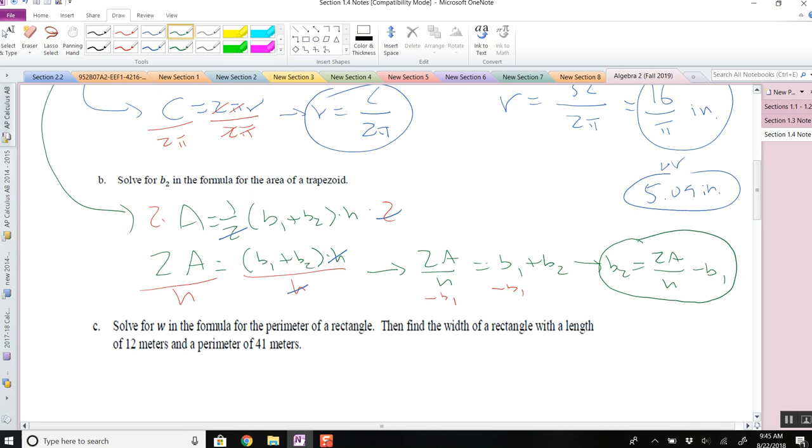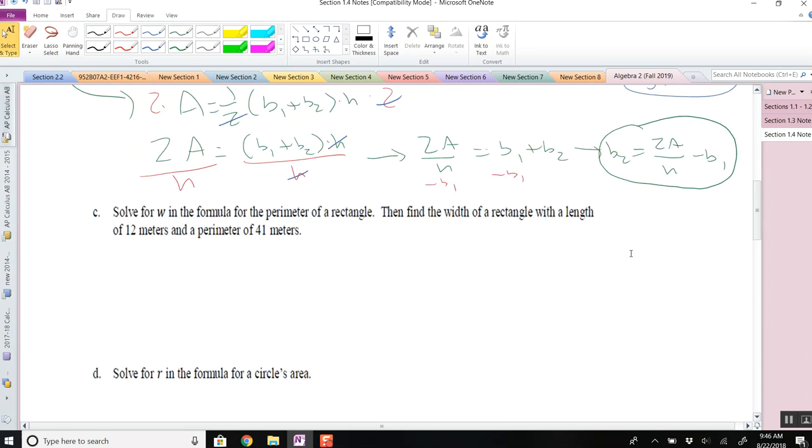But this is a technique that can be very helpful when you get to more advanced math. You just have to trust me when you get to pre-calculus and calculus or even beyond that. Just the ability to know how to isolate variables when there's other variables involved is a good skill to have, and that's what we're working on here. So B2 is that, 2a over h minus b1.